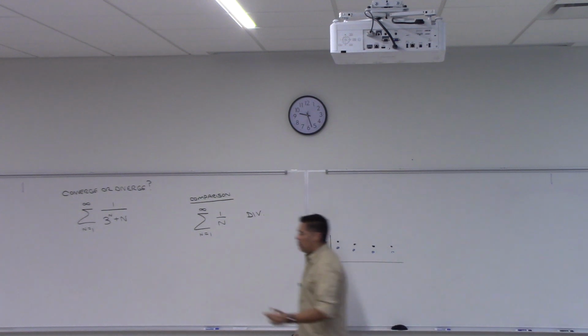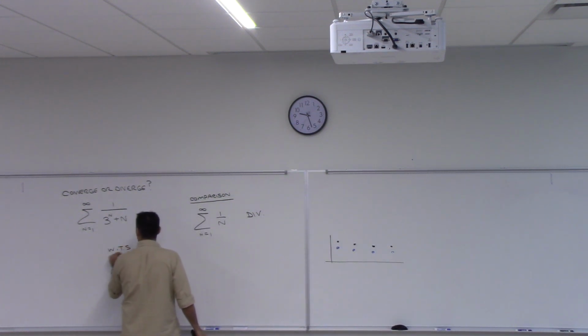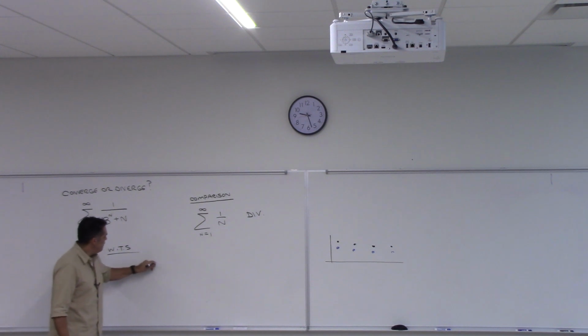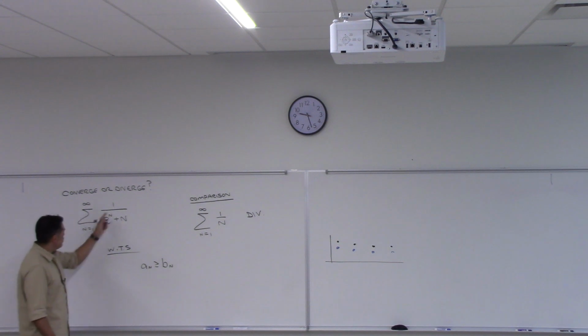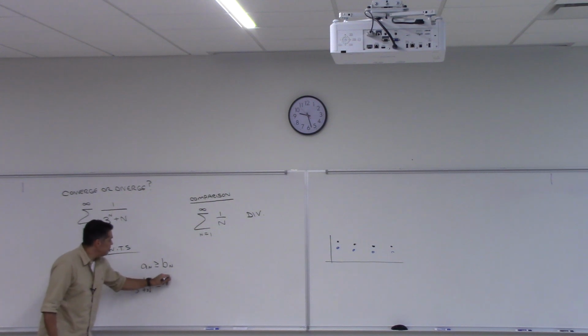So what must I show? I'm just going to put WTS, want to show. What do I want to show for this thing to work? That a sub n is bigger than or equal to b sub n. So I want to show that this is greater than or equal to this.